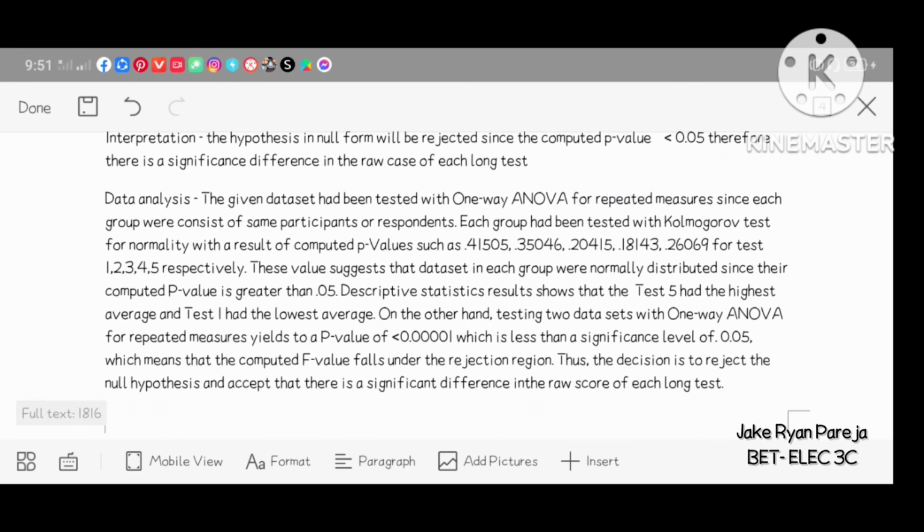So, the data analysis. The given data set had been tested with one-way ANOVA for repeated measures since each group consisted of the same participants or respondents.